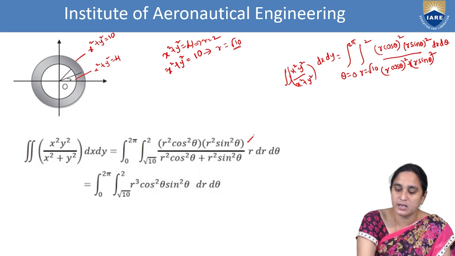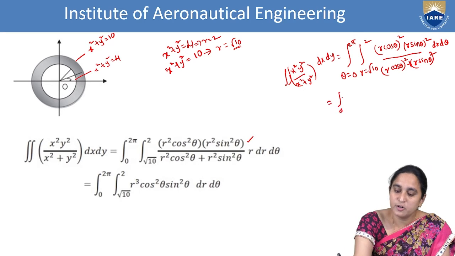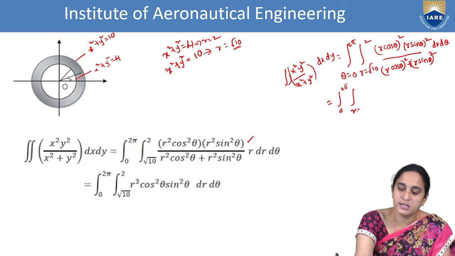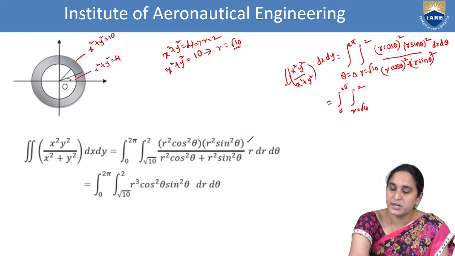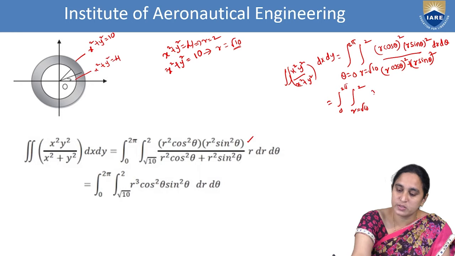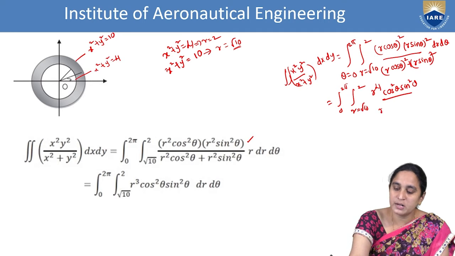What is common in the denominator? The common term is r square. In the numerator, r square into r square, that is r power 4 into cos square theta sin square theta, divided by r square taken outside and the remaining part cos square theta plus sin square theta, into r dr d theta.